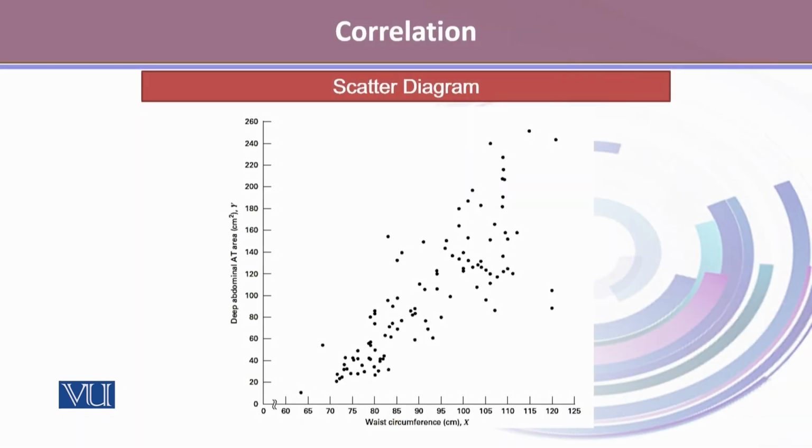Here's a typical scatter plot, where x represents waist circumference in centimeters, and y represents deep abdominal AT area in centimeters squared. Here, each dot on this scatter plot represents one value on the x-axis and another value on the y-axis. Looking at this picture, it also shows us the trend of the relationship.